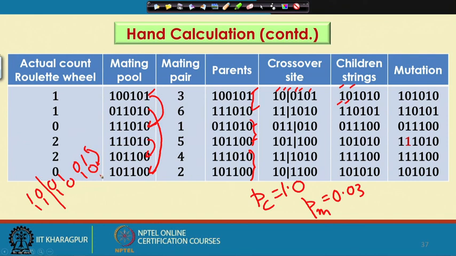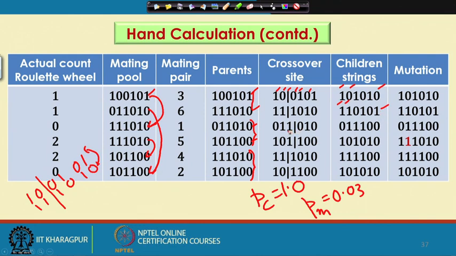Whatever is at the bottom goes to the top and vice versa. So, I will get 1010 here, and 0101 here. Using this single point crossover, from 2 parents I can find 2 children.